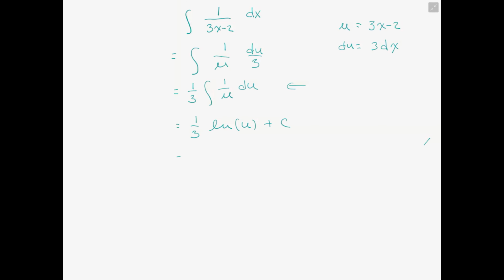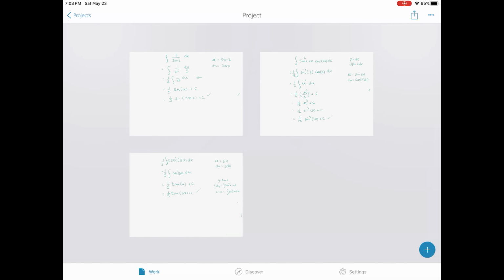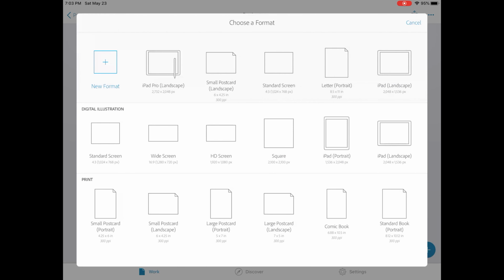But when we remember the integrals that we did, this is equal to 1/3 ln u plus c. And then we go back and substitute u, 1/3 ln of 3x minus 2 plus c. And there we got it.